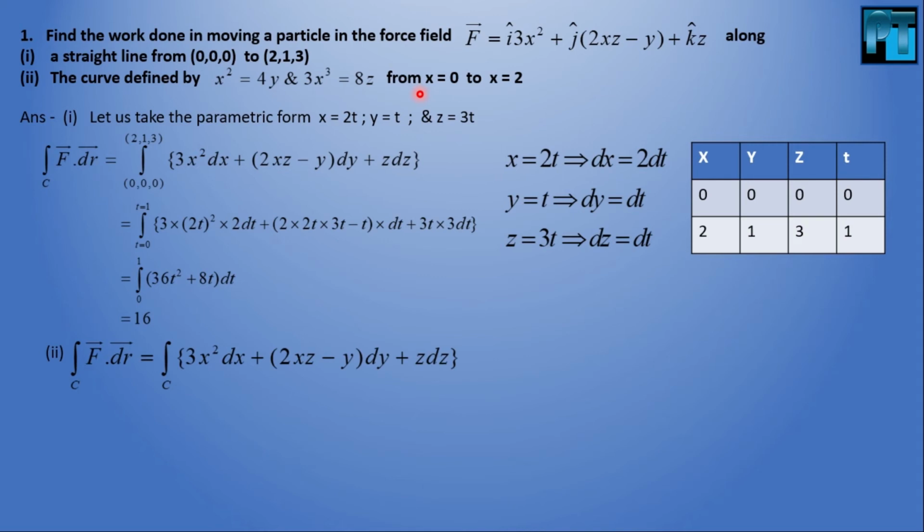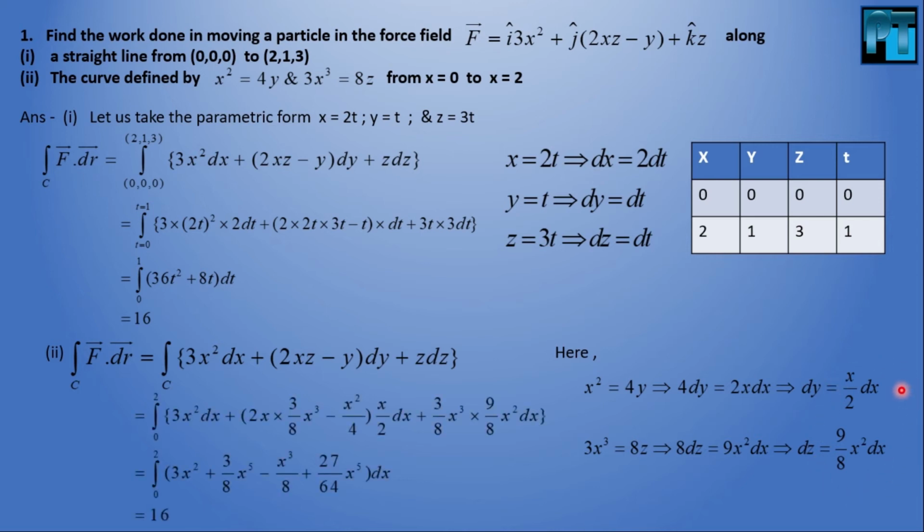F dot dr can be written as before. Now we have to convert the y and z into x. See, the dx, dy and dz can be converted into x and dx type. Now we have to put in this form 3x square dx untouched.